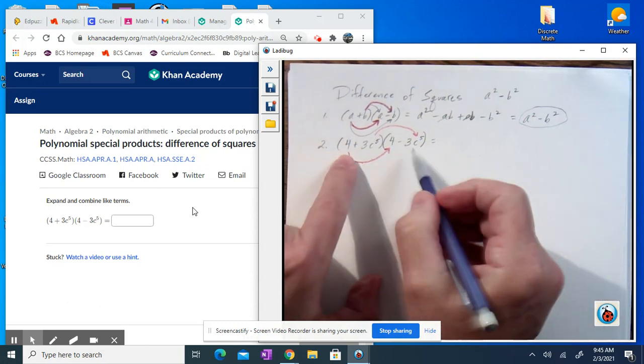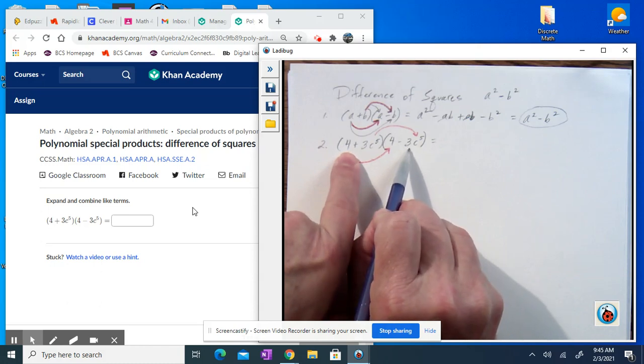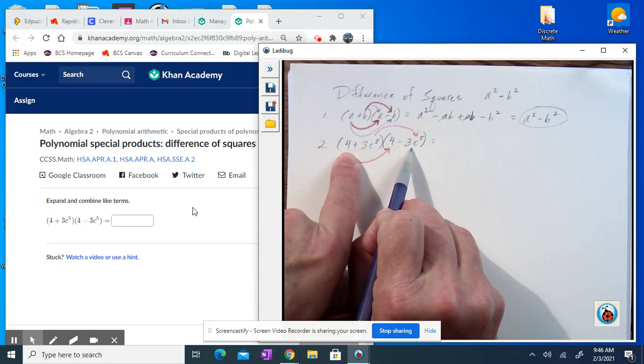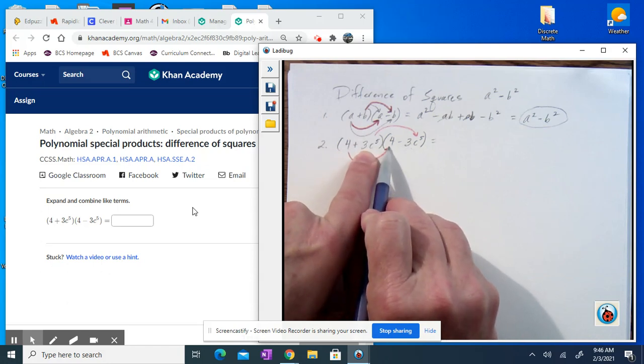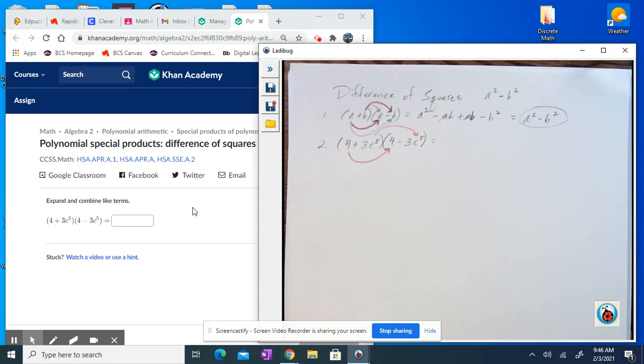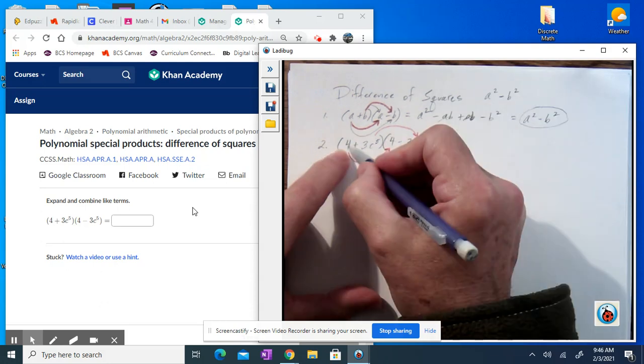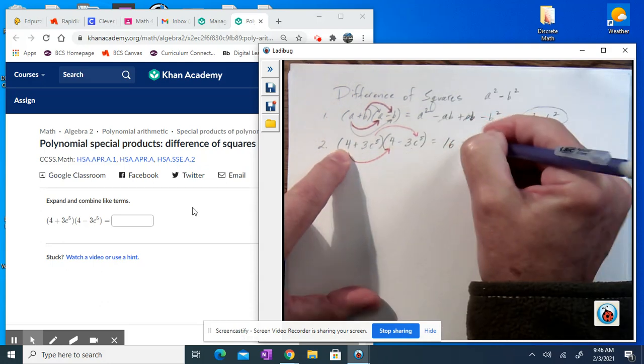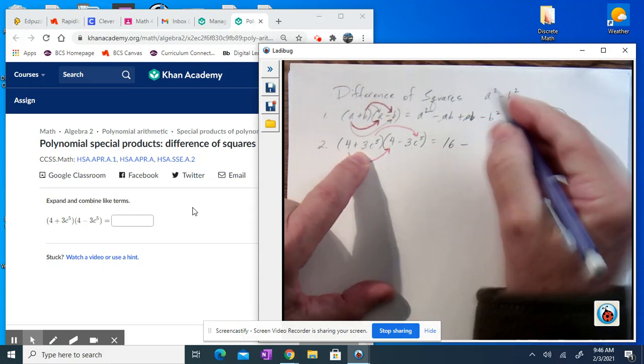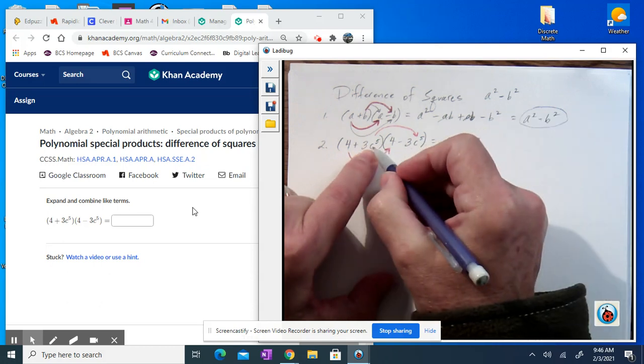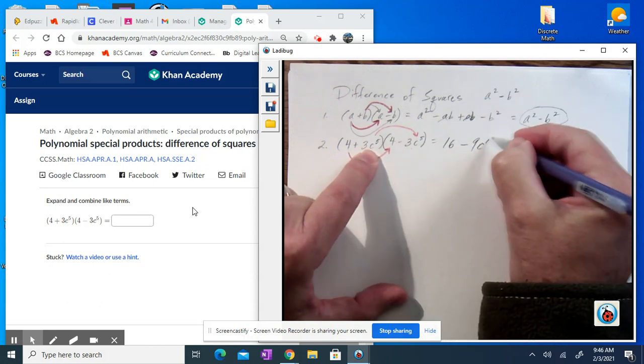When I do these 2, that's negative 12c to the 5th, and then these 2 give positive 12c to the 5th. They just cancel out. So 4 times 4 is 16, minus 3 times 3 is 9, and c to the 5th times c to the 5th is c to the 10th.